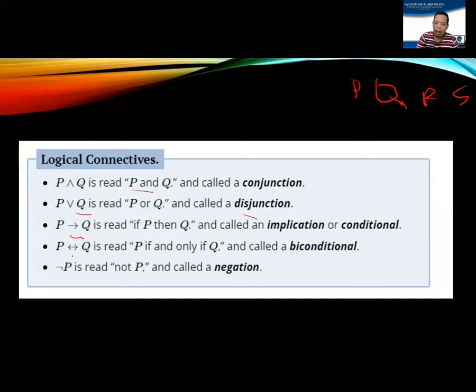The other well-formed formula is this one. This is being read as P if and only if Q. So this specifies biconditional. And the last one is not P. This can be read as not P, which specifies negation.